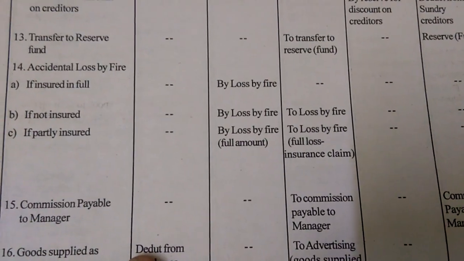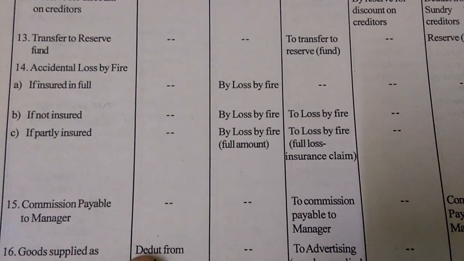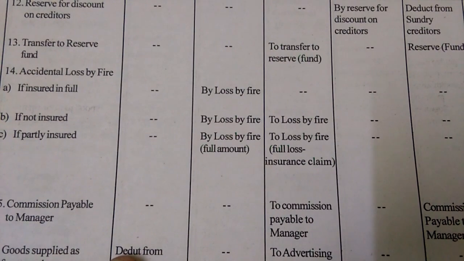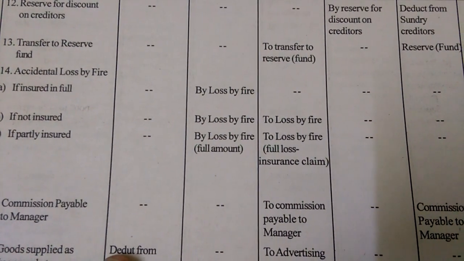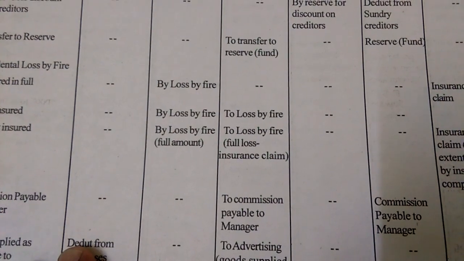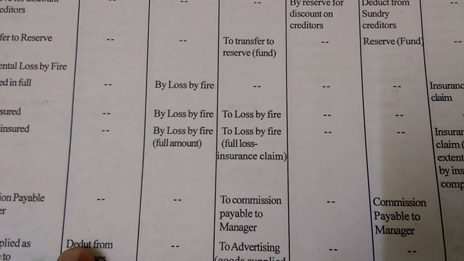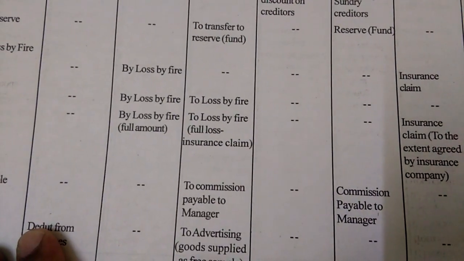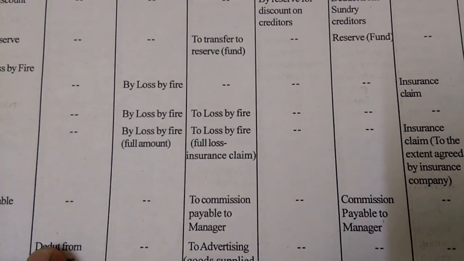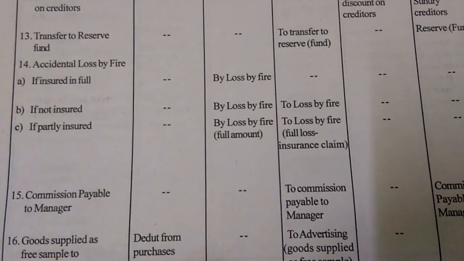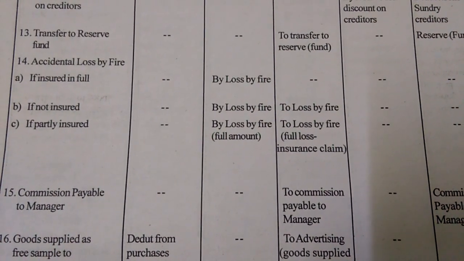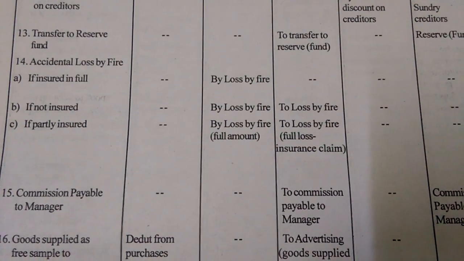Next C point, if partially insured, the total loss is credited in the trading account and the loss amount is debited in the profit and loss account and the recovered amount is shown in the asset side of the balance sheet. So in these three cases the total amount is credited in the trading account.